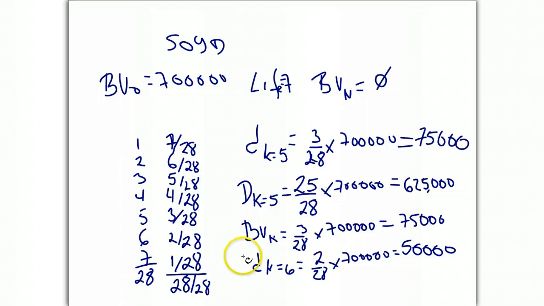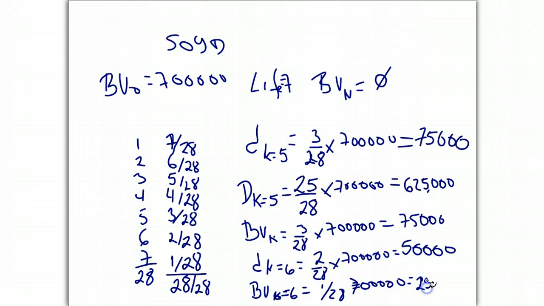And the book value at 6 is 1 out of 28 times 700,000, which is 25,000. So there you go. You see, it is not always the case that the depreciation and the book value are the same.